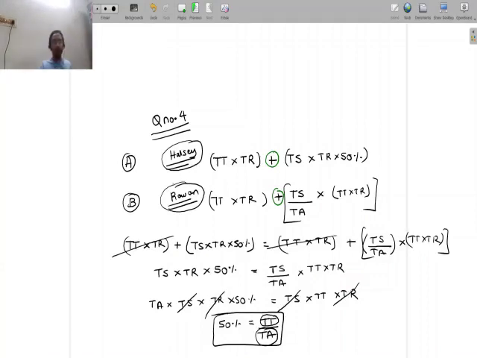So if worker A is allowed to do a certain job, he is given 10 hours time. Worker B is also supposed to do a job, he is also given 10 hours time. Then worker A takes 5 hours, worker B also takes 5 hours, their TR is the same. Then whether Halsey is given or Rowan is given, both of these people will get the same pay.